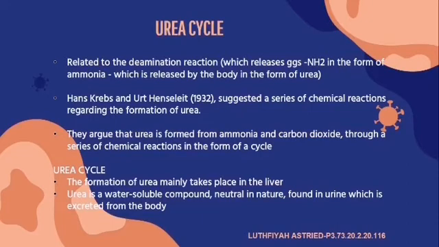They argue that urea is formed from ammonia and carbon dioxide through a series of chemical reactions in the form of a cycle. First, the formation of urea mainly takes place in the liver. Second, urea is a water-soluble compound, neutral in nature, found in urine which is excreted from the body.